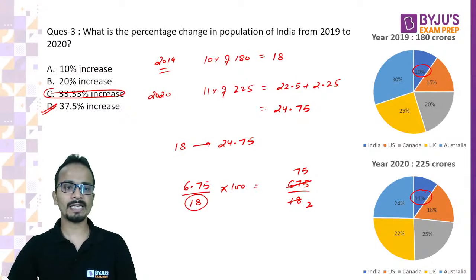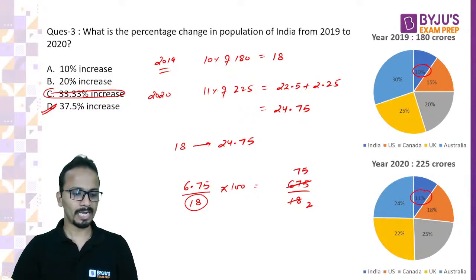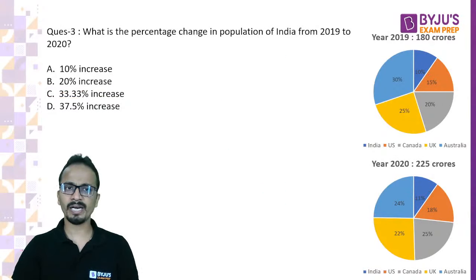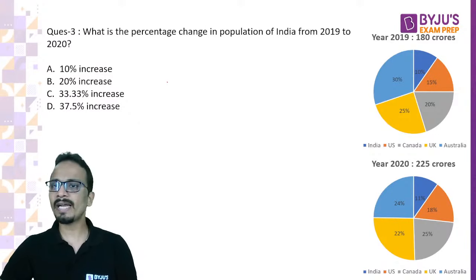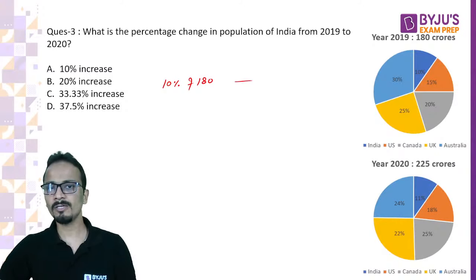Now let's have a look at the second method. Here 6.75 and 18, these two values were a bit difficult to work with. Let's look at a little easier way. I'll write the initial value, which is 10% of 180, and the final value is 11% of 225.